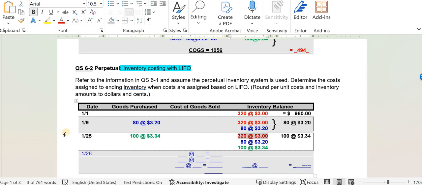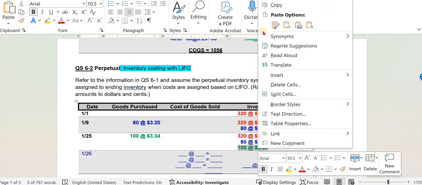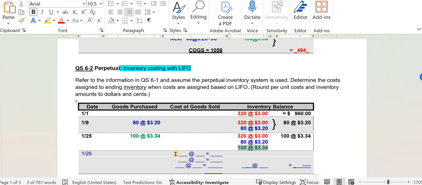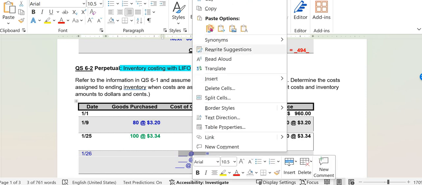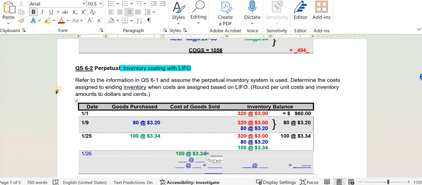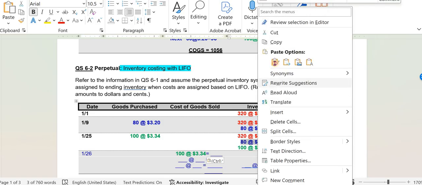Now I need to determine cost of goods sold. What's it going to be? It's LIFO, last in, first out. Well, here's my last layer right here, the green one. I'm going to use up all of them first. But I sold 350, so I've got 250 to go. So I'm going to go to my next layer and use all of them up next.